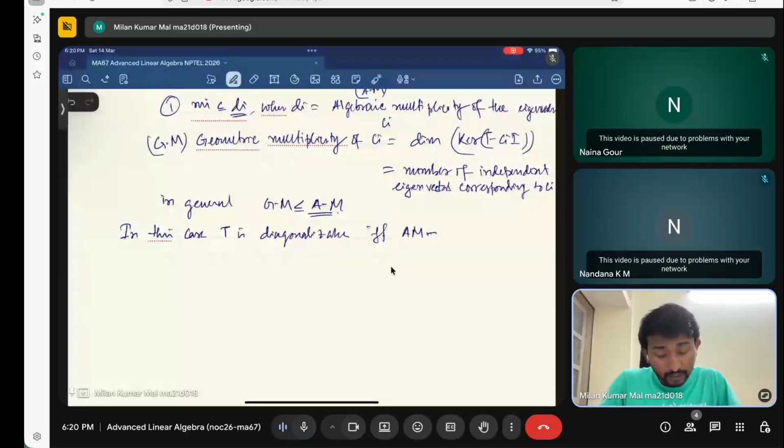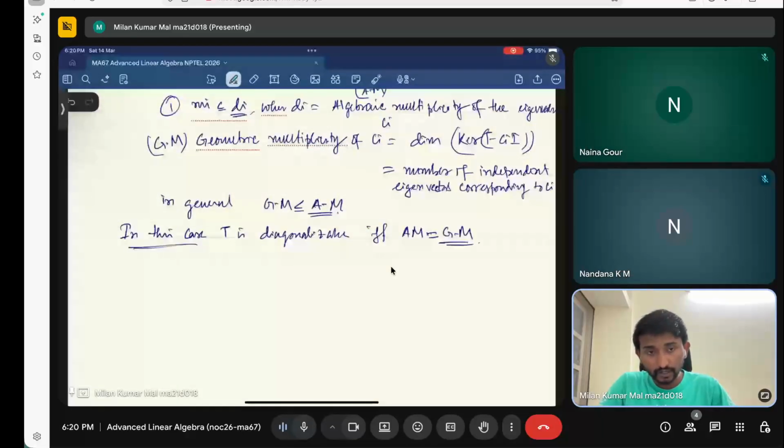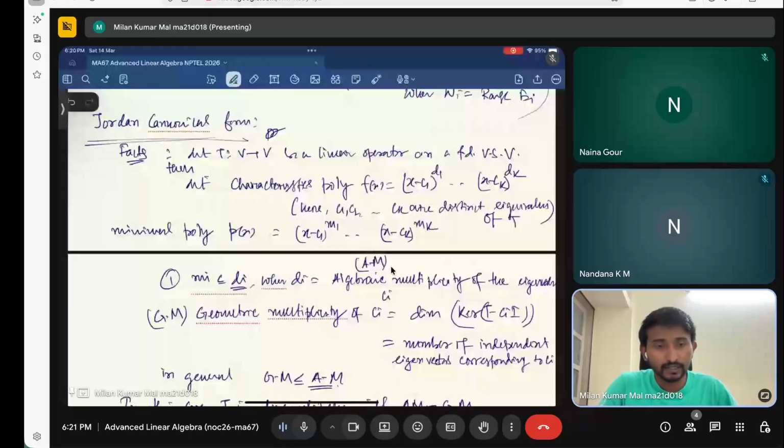Because here we have assumed the characteristic polynomial of the linear operator is of this form. But the characteristic polynomial need not always factor this way. If it does not, there is no question of diagonalizability, but there is still sense in the Jordan canonical form.